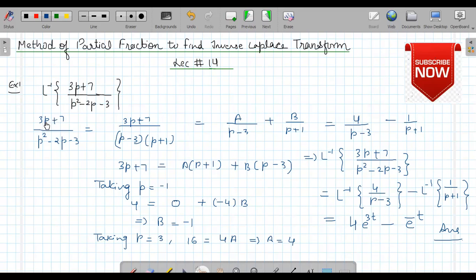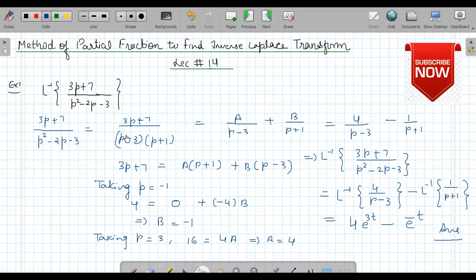So what we do here is, first of all, factorize the denominator and then do the partial fraction of this function. Because both of its factors are linear, the partial fraction will be of this type: a upon (p minus 3) plus b upon (p plus 1).